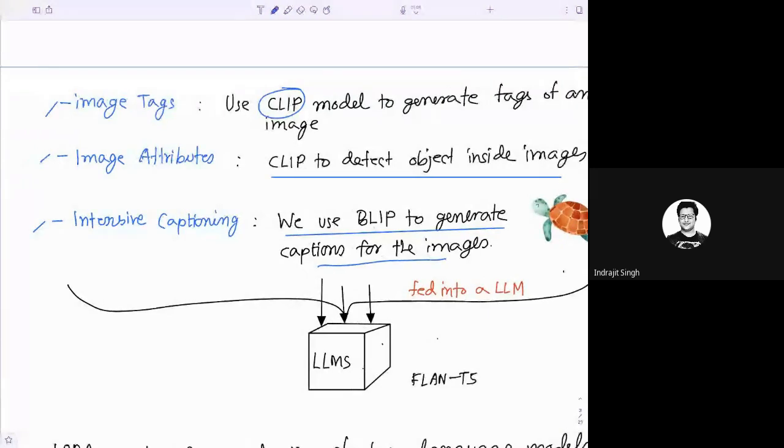CLIP is basically connecting text and images. It sounds like something very sophisticated, but this is what CLIP is. You can go to OpenAI and check this, CLIP, connecting text and images. I will give you an idea about CLIP because it's important.